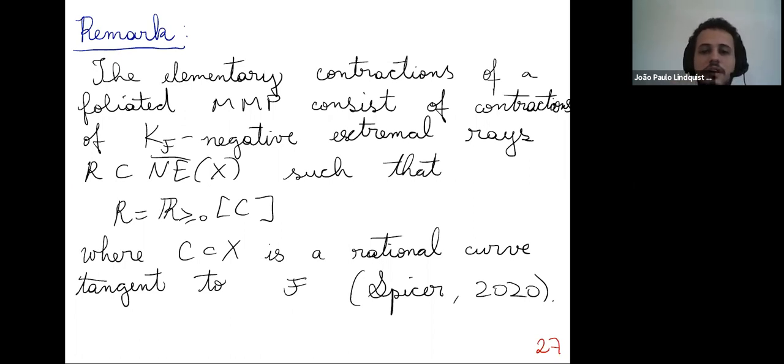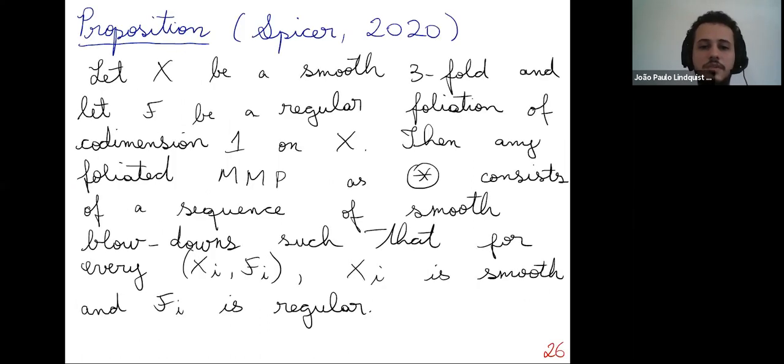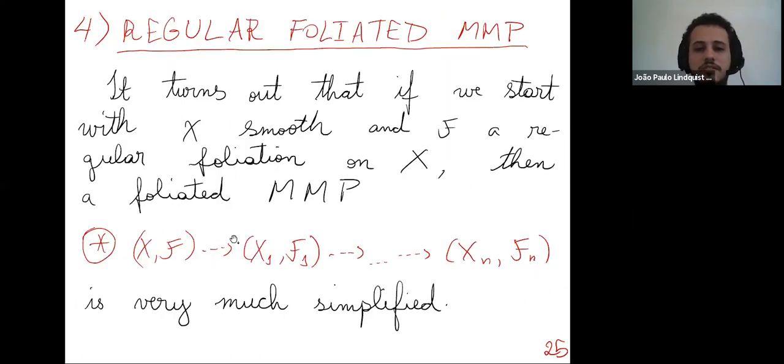So let me make a small remark about how to obtain the steps of the foliated MMP. This star here will be the foliated MMP of our original threefold with regular foliation.